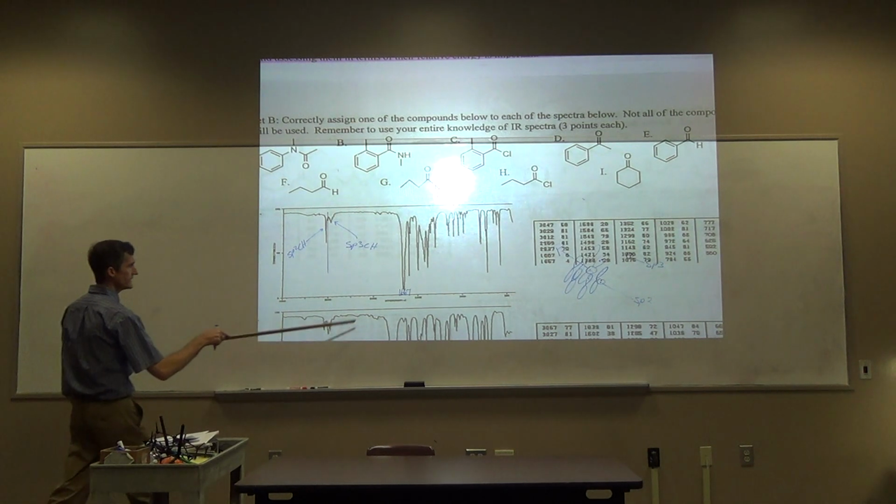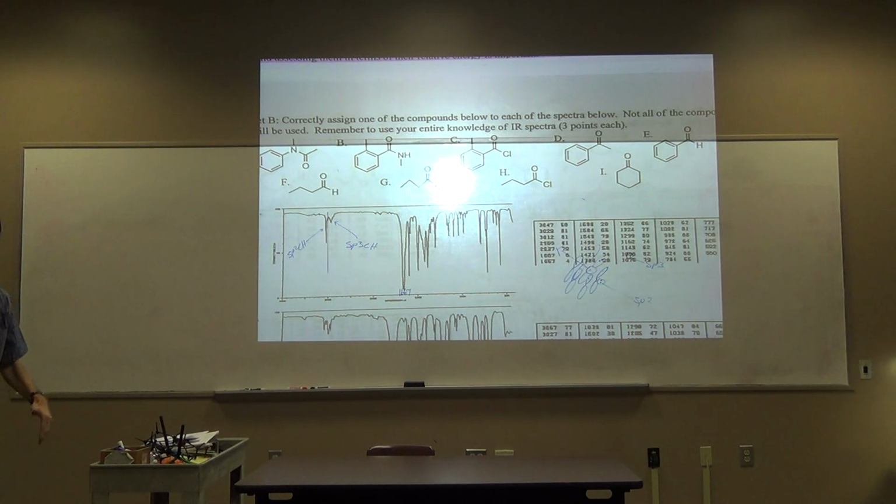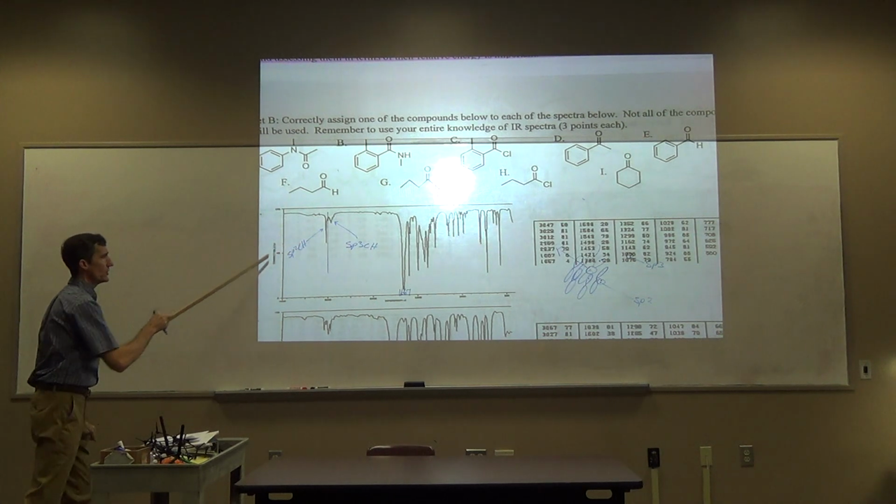This could be a ketone if it was conjugated, but that's an advanced consideration. In organic 2, we look back again at carbonyl positioning, so it's worth learning now. My first thought is it looks like an amide that has both of these, and there's no NH or OH.